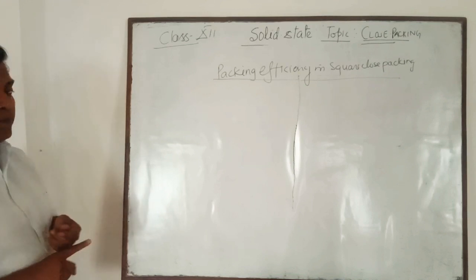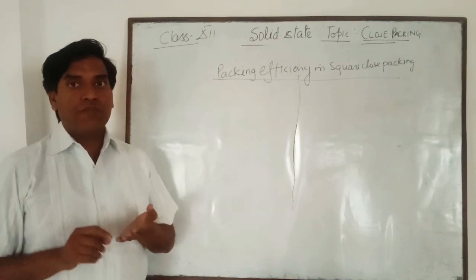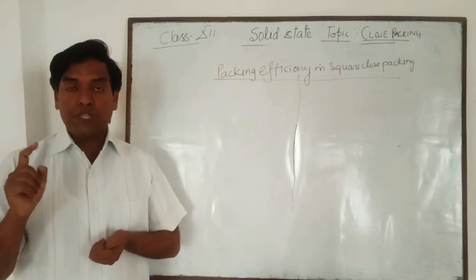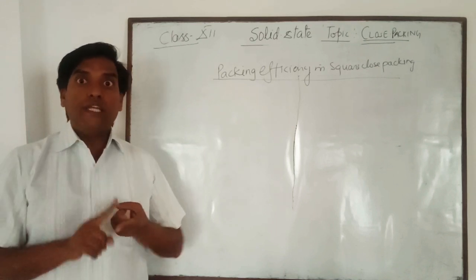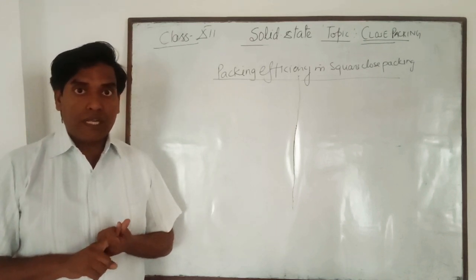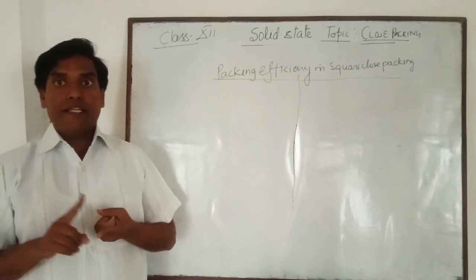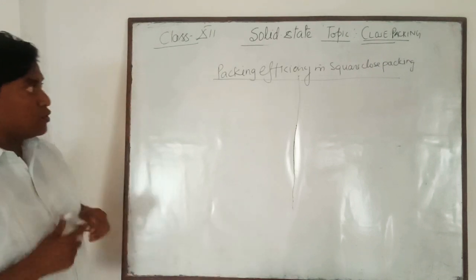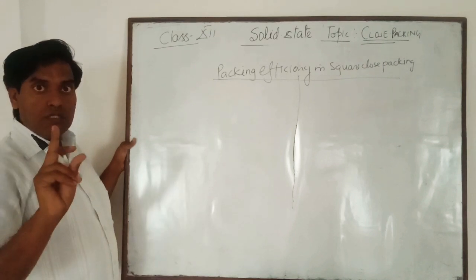But one thing is there: packing efficiency is found in two terms, in terms of area and in terms of volume. In two dimensions there is no height, so packing efficiency can only be calculated by area, while in 3D packing it is calculated on the basis of volume. So beta, first of all, I am going to find the packing efficiency in square close packing.